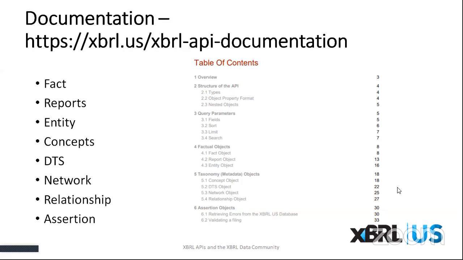Last but not least, something called assertions. Those are the validations Mark touched on briefly that we've been doing since 2010. These assertions come from the Data Quality Committee scans that are done on all of the data that comes into our database.